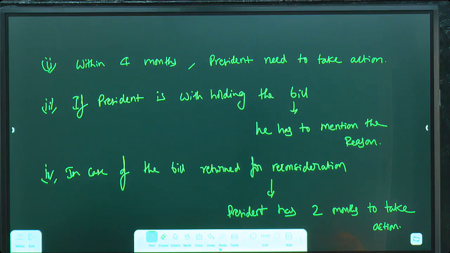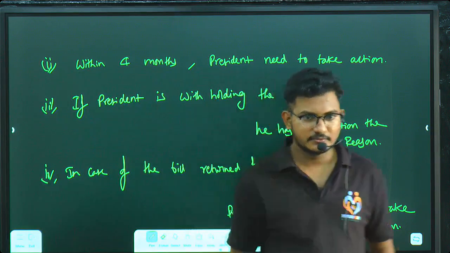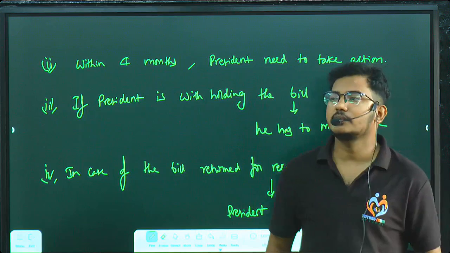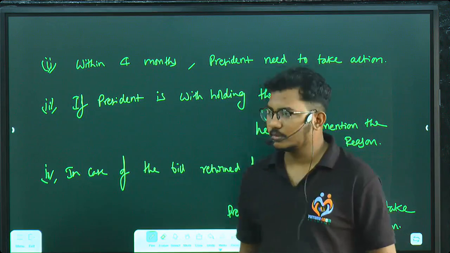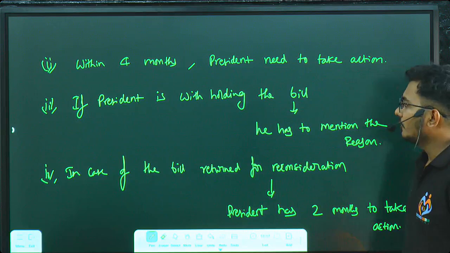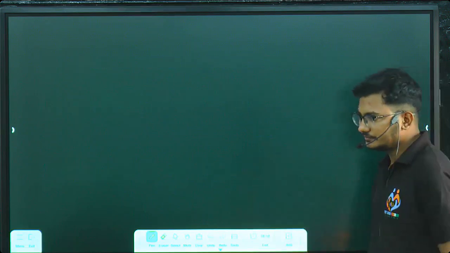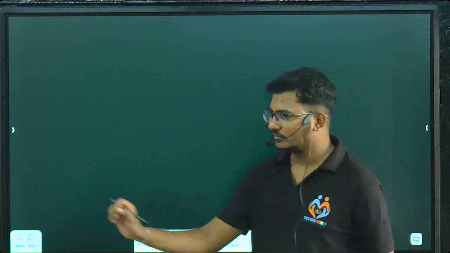Understood? See, there is one more thing. This is also just like an act, which is the ordinance. You remember the ordinance? So when the state government comes up with an ordinance, the governor has to give his assent, right?